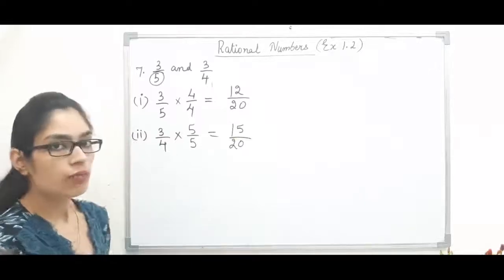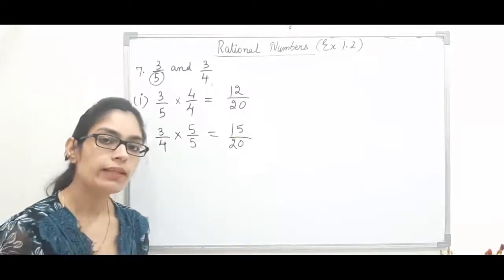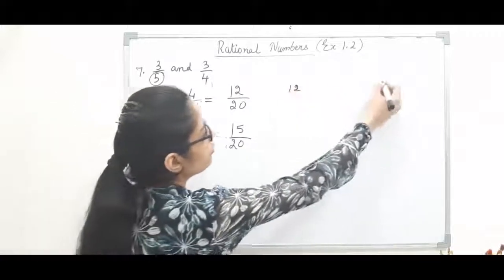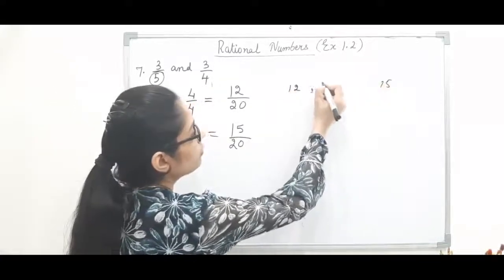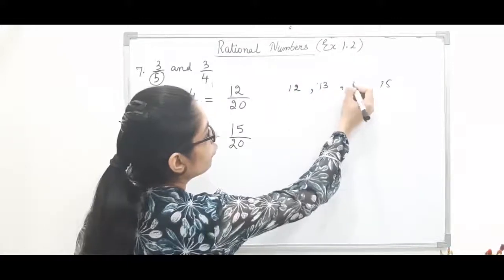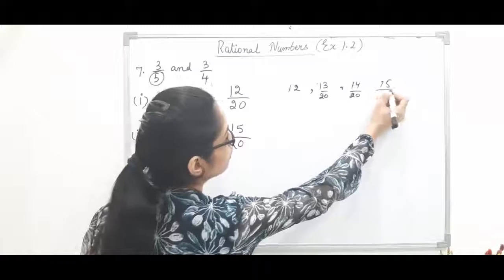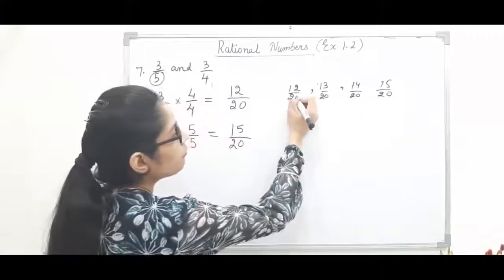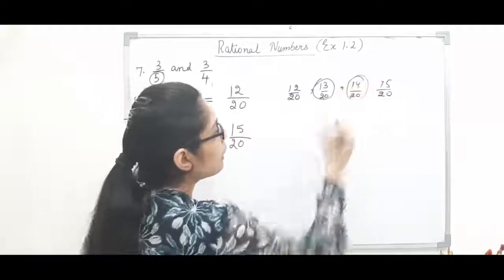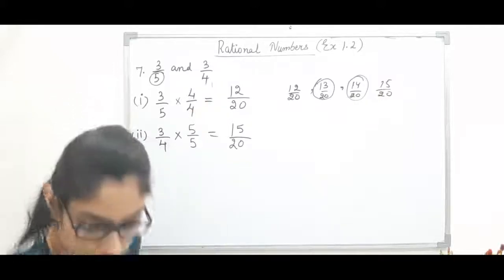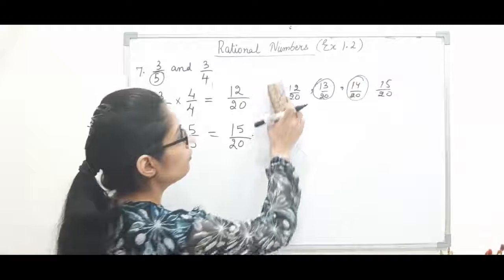But we have to find 10 rational numbers between these two numbers. From 12 to 15, I can only have 13 and 14. So I can find only 2 rational numbers. We'll do the same thing which we did in the previous question also.